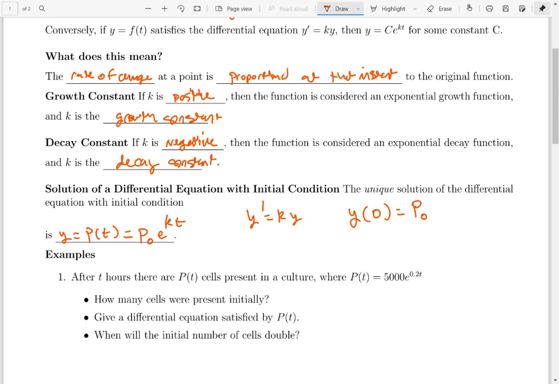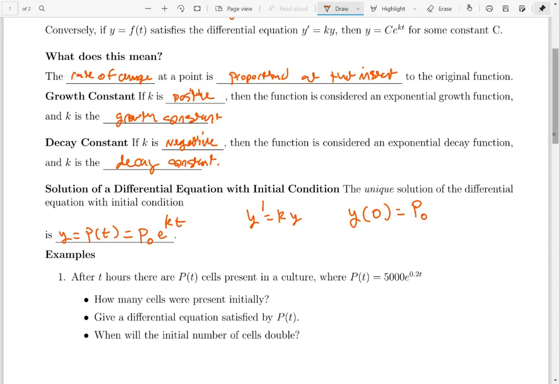Now, a couple things to notate. The reason that P is being used here is because often we're talking about populations, and so really P of t, with k being the growth constant or decay constant, is the population of something. And so specifically this setup just allows us to find that p sub naught.